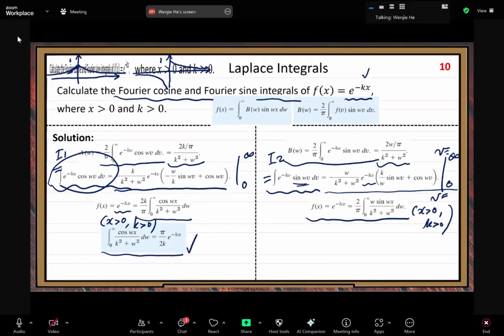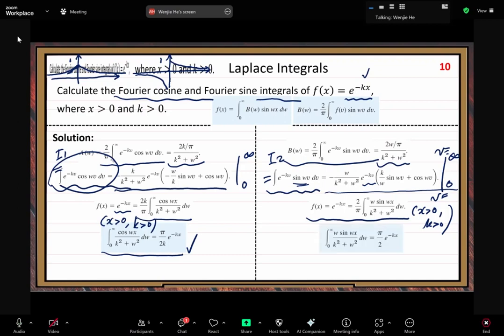Two completely different representations, but they are actually the same function. It's hard to see why these two functions are the same. But we derived these two formulas from the Fourier cosine integral and Fourier sine integral, without any problem. So you can see how powerful these formulas are.